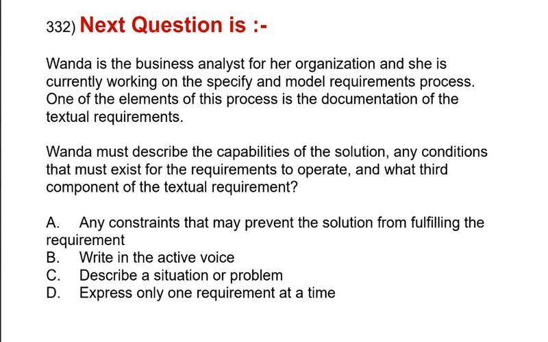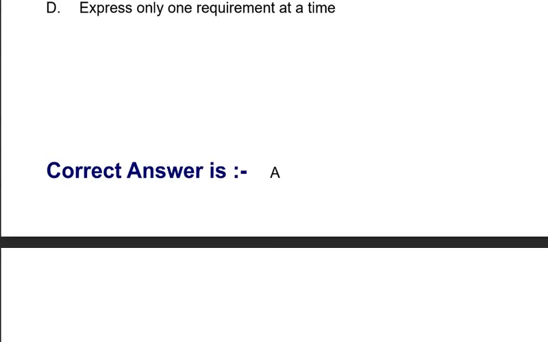Option A, any constraints that may prevent the solution from fulfilling the requirement. Option B, write in the active voice. Option C, describe a situation or problem. Option D, express only one requirement at a time. Correct answer is option A.